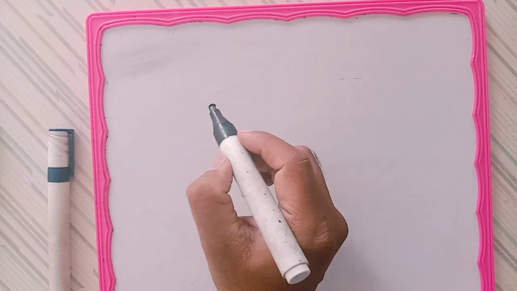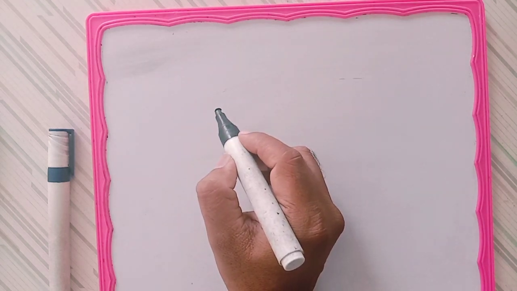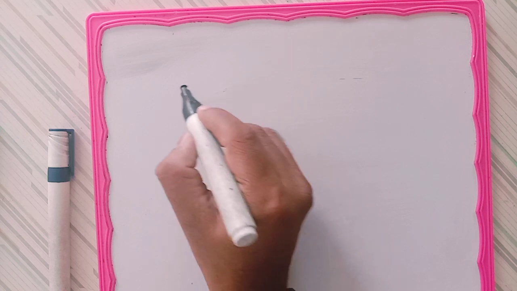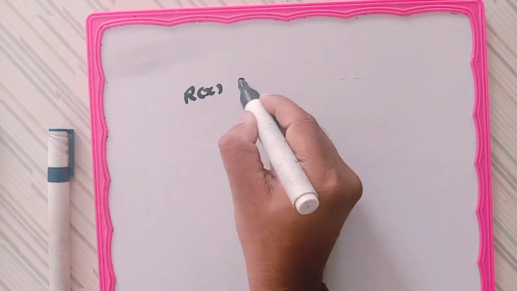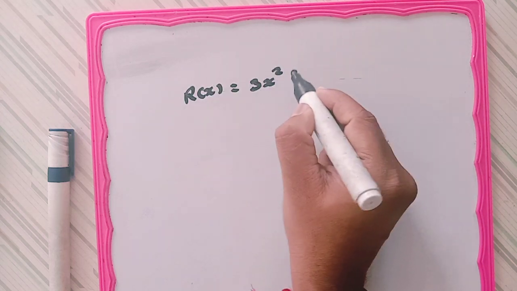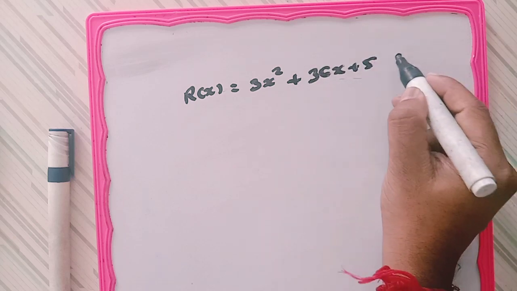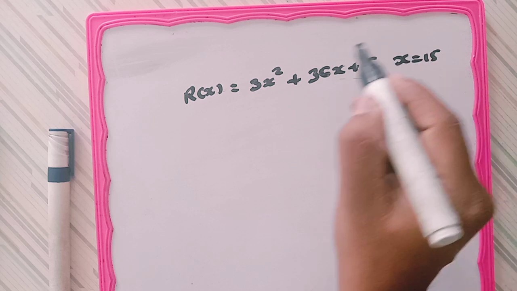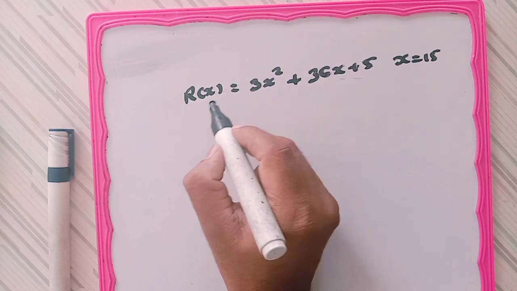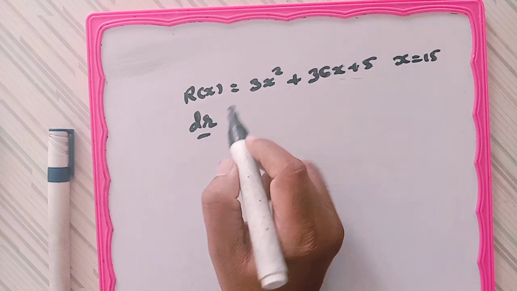Now the 18th question is that the total revenue in rupees is given by R(x) equals 3x squared plus 36x plus 5, and if x equals 15, then find the marginal revenue. So the revenue rate is dR/dx.